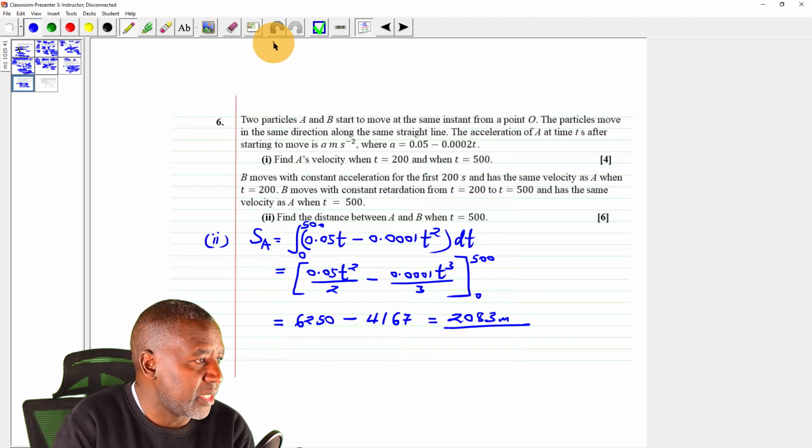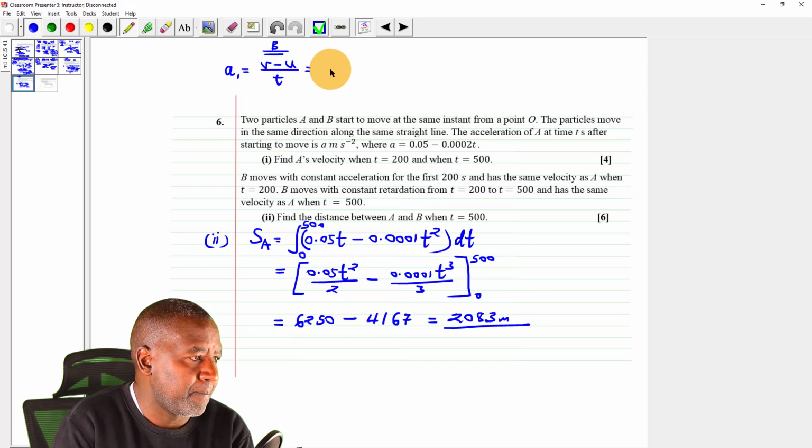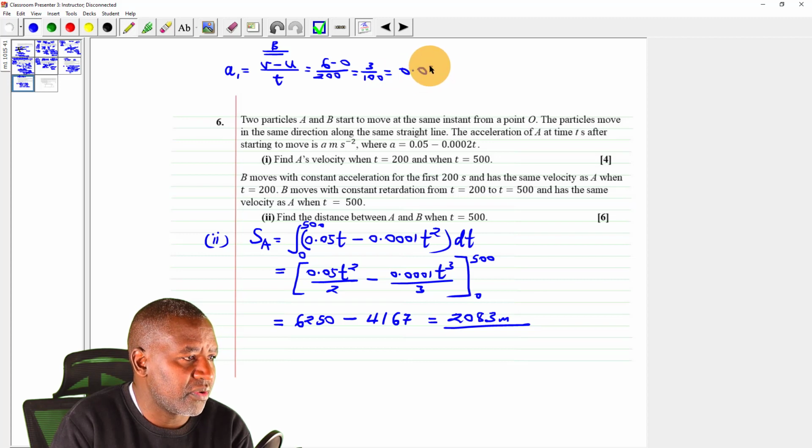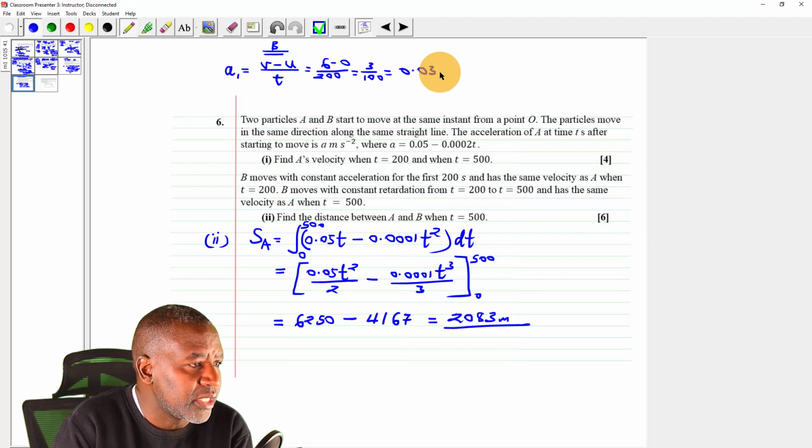So for particle B, for 200 seconds, its acceleration, which I'm going to call a1, is going to be equal to v minus u over t. This one will be 6 minus 0 over 200, and this will be 3 over 100, which will be 0.03 meters per second squared.